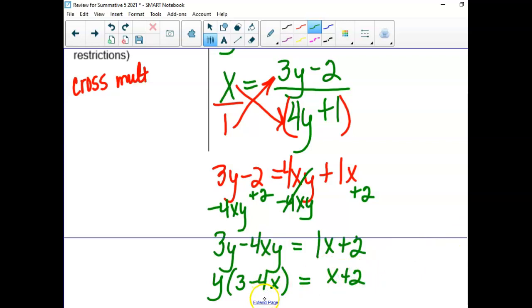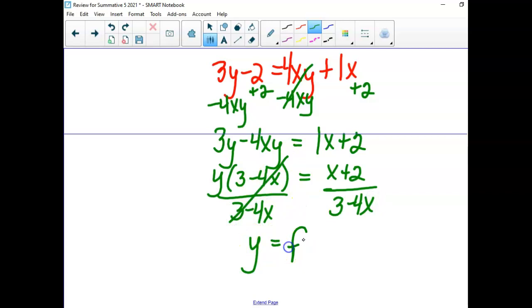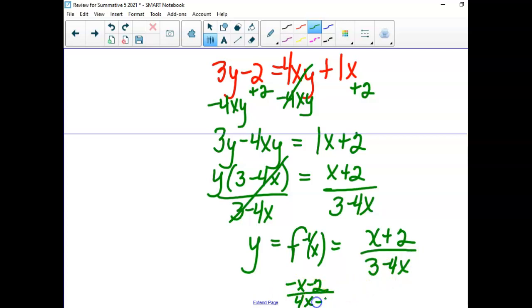And then the last step is to divide by that. So we end up with y, or this crazy notation, I don't care which you use, equals x plus 2 over 3 minus 4x. Now, you could have gotten something that looked totally different. Okay, there are different ways to write that.